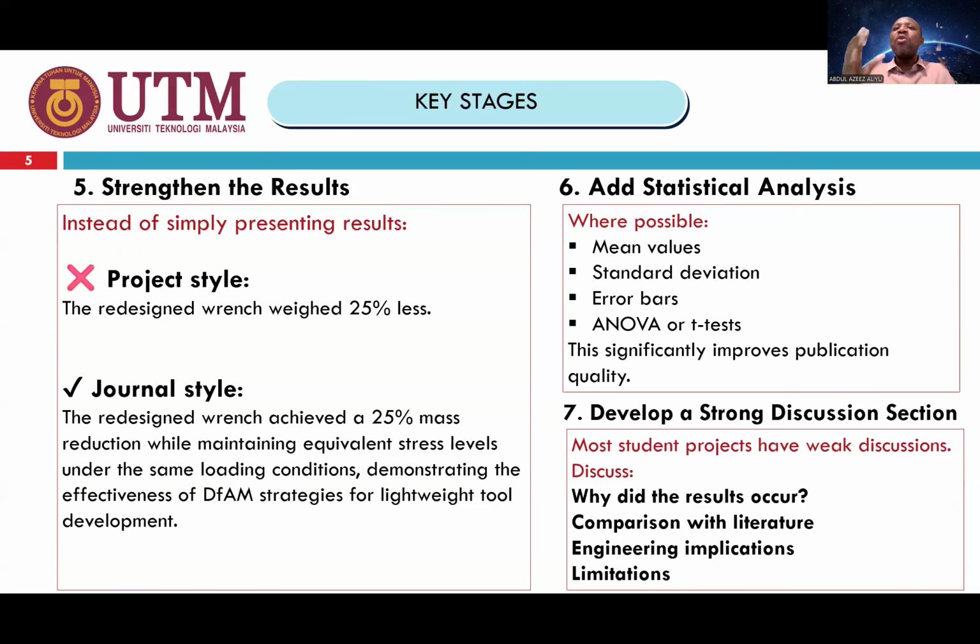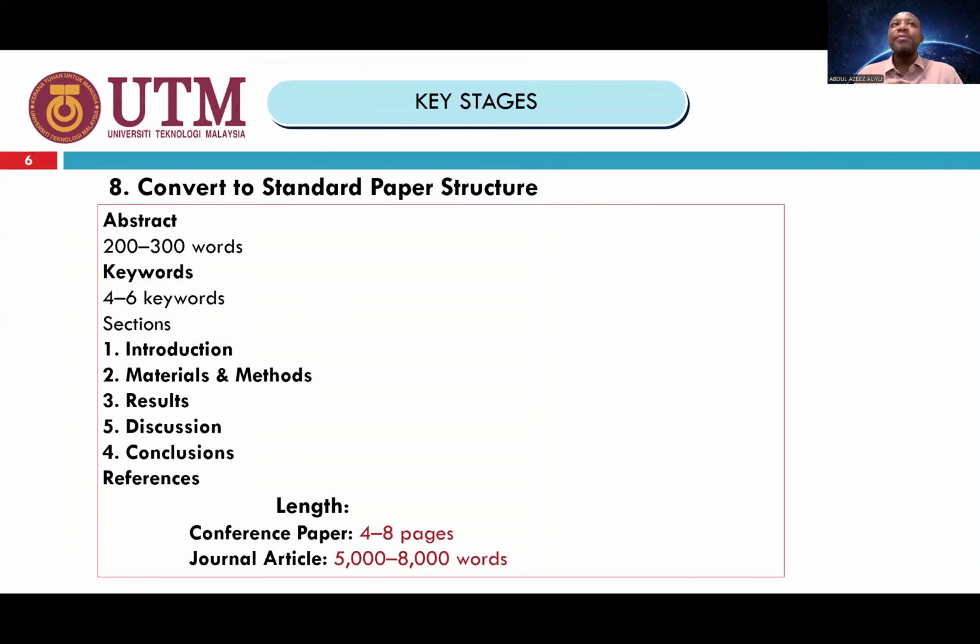You have to look at why the result occurred. Discuss this sufficiently. Then you have to compare this with the literature. Does this result follow the trend in the literature? Is there any variation? If there is variation, why? What causes such variation? So this is how you can discuss. Also, the engineering implications and the limitations might also be discussed in the discussion section.